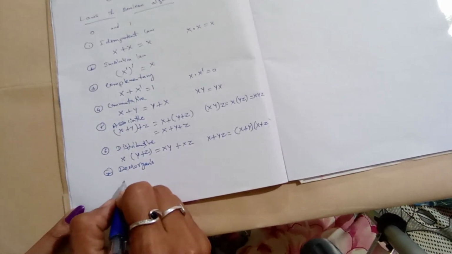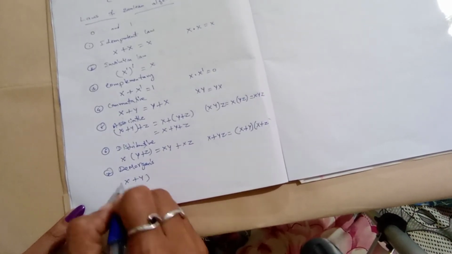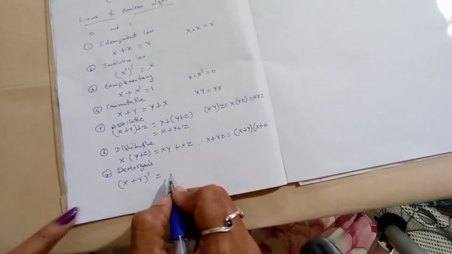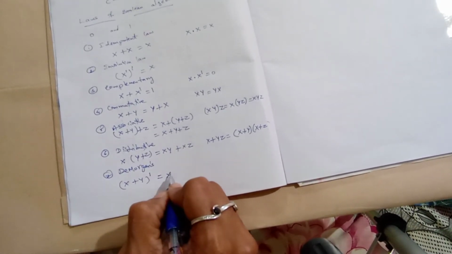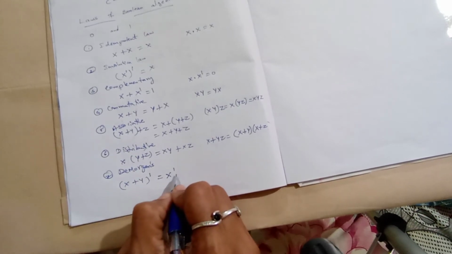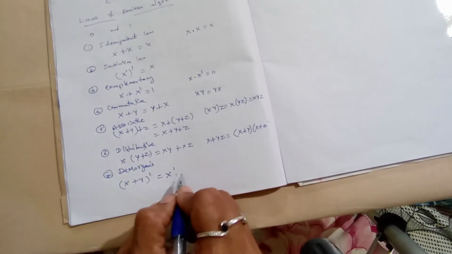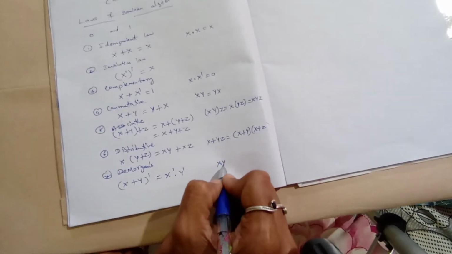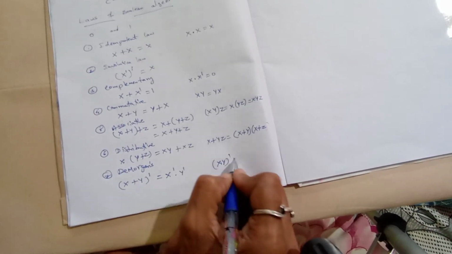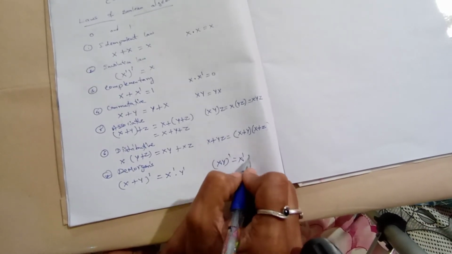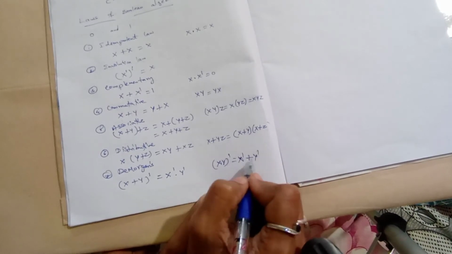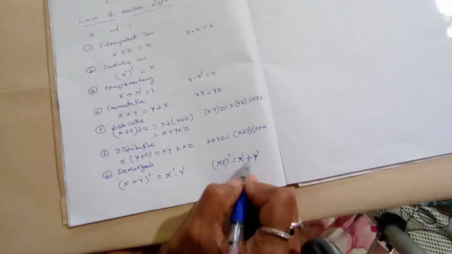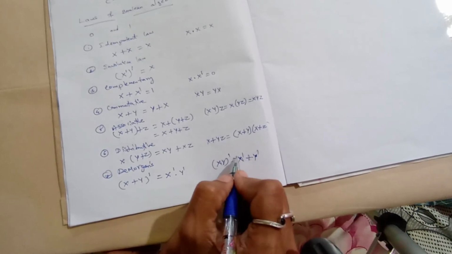That is x plus y whole bar is equal to x bar into y bar, where the OR becomes AND. Same, x and y whole bar is equal to x bar or y bar. The operation will be changing from AND to OR, and bar is applied for both the inputs. These are the laws of Boolean algebra.